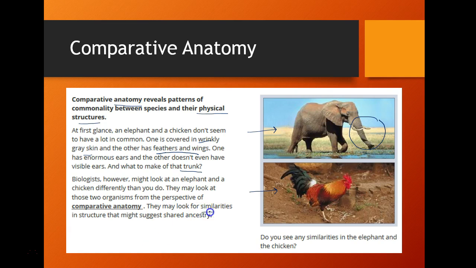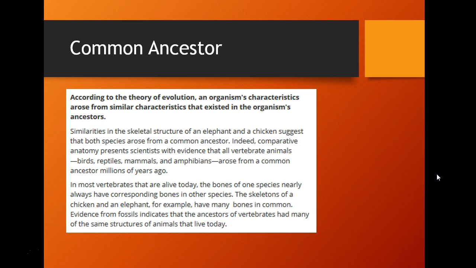If they do see similarities in structure, then they can suggest that there is some sort of shared ancestry or a common ancestor. So instead of just looking on the outside, they can observe the skeletal structure and the similarities between an elephant and a chicken.